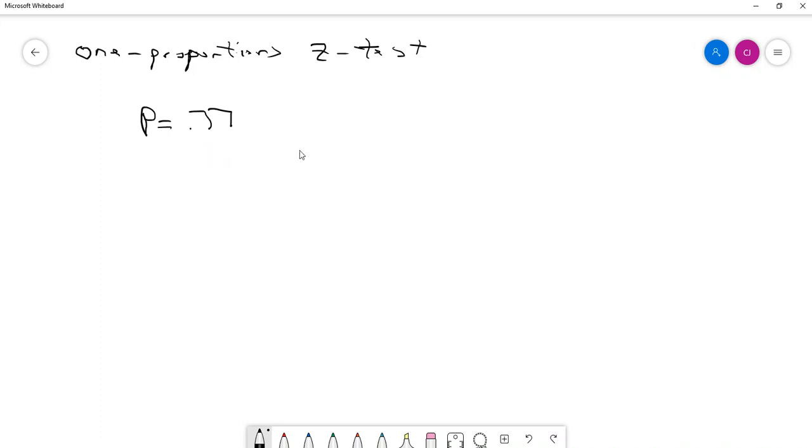So let's draw a curve here. All right, so we're going to put this in the middle again, 77. We're assuming that's correct, right? This is that case where we're not testing to see if this is correct. We know it is, right?